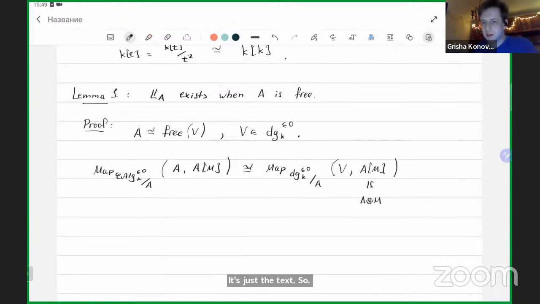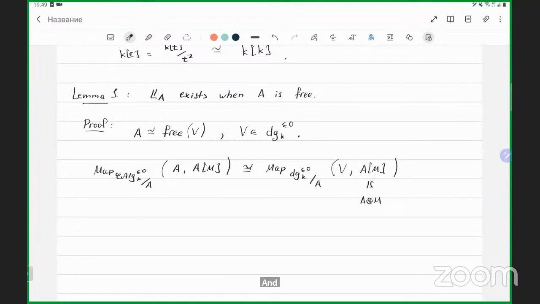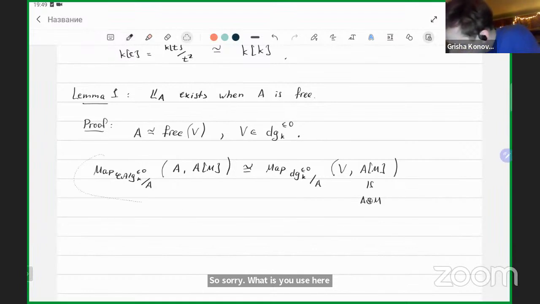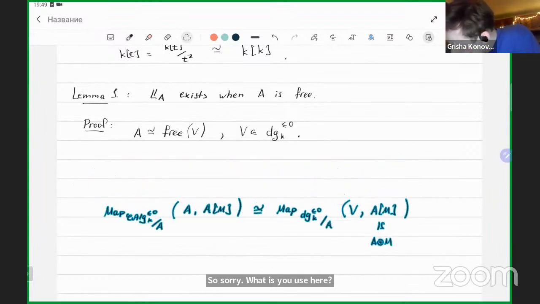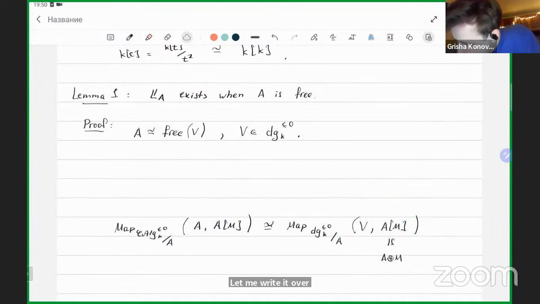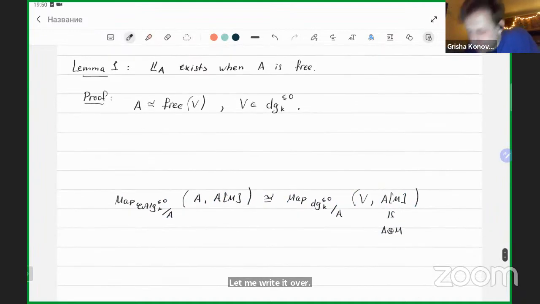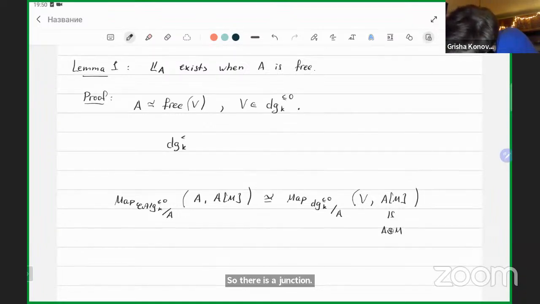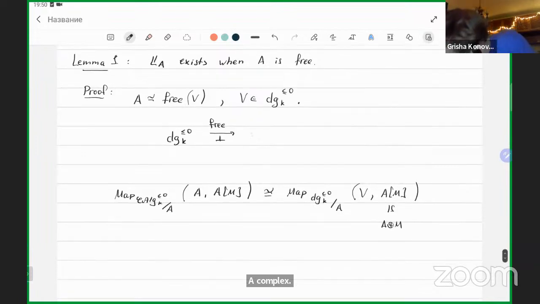Sorry, what adjunction do you use here? Sure, let me write it somewhere. So there is an adjunction whose left adjoint sends a complex to a free algebra generated by that complex.